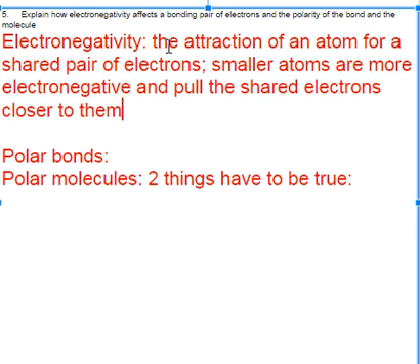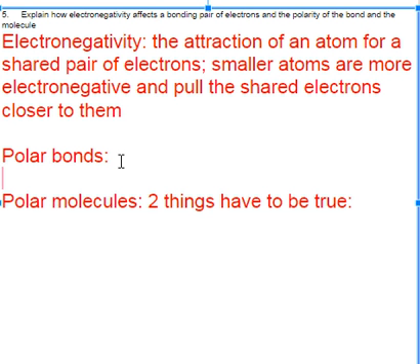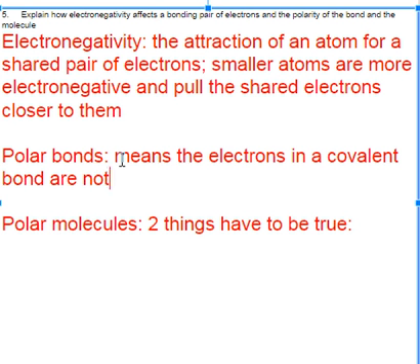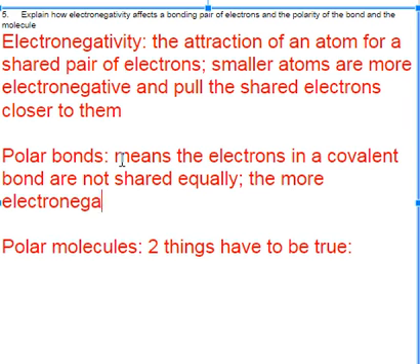So how does that affect the polarity of the bond and the bonding pair of electrons? Well, when the electrons get shared unequally, that creates a polar bond. So it means the electrons in a covalent bond are not shared equally. The more electronegative atom has the electrons more of the time.